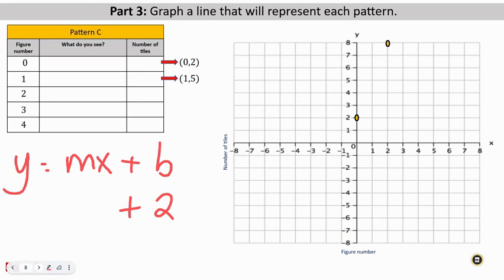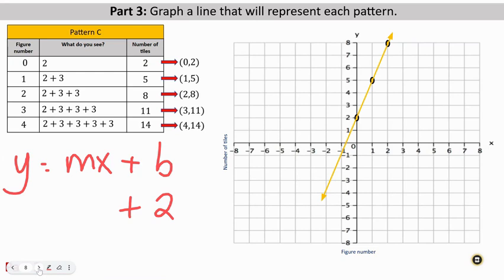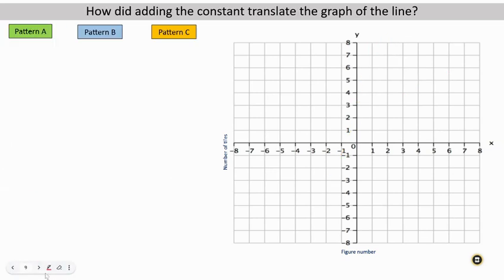Let's see how this is increasing. 1, 5, 2, 8, and there we go. We have the equation. What is my slope? Again, 3x. Remember, rise over run, 3 over 1.